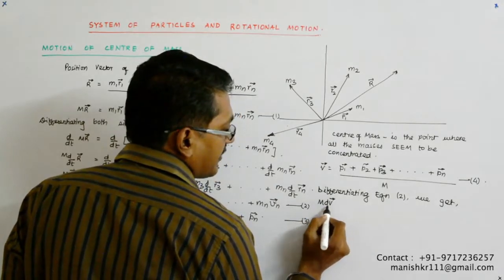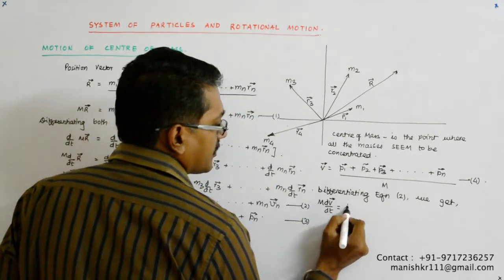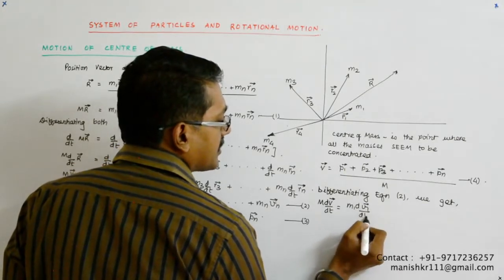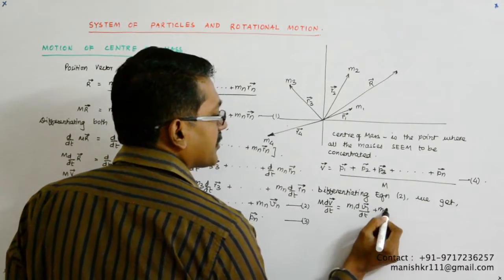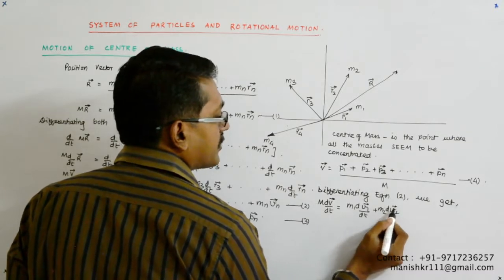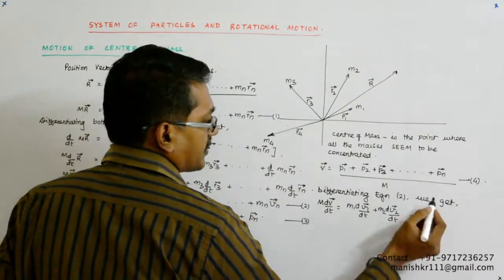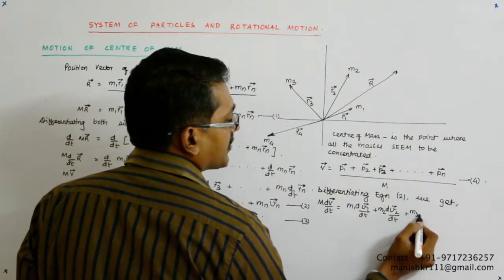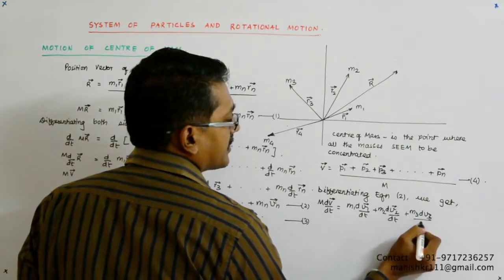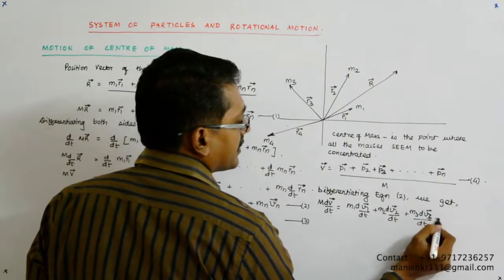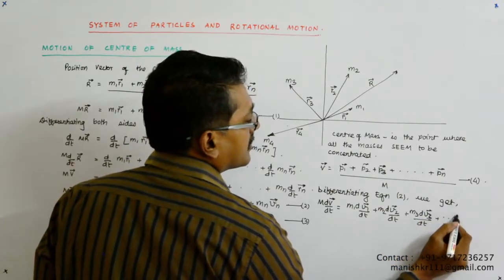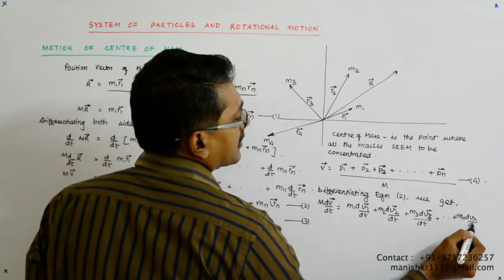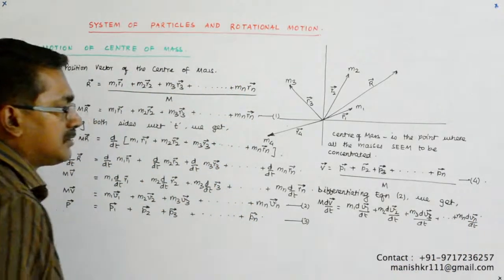So it is m dv by dt is equal to m1 dv1 by dt plus m2 dv2 by dt, with respect to time, plus m3 dv3 by dt plus mn dvn by dt.